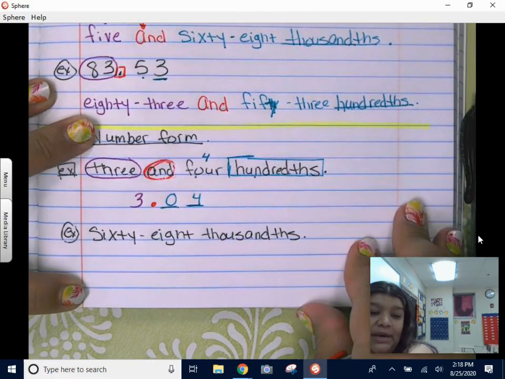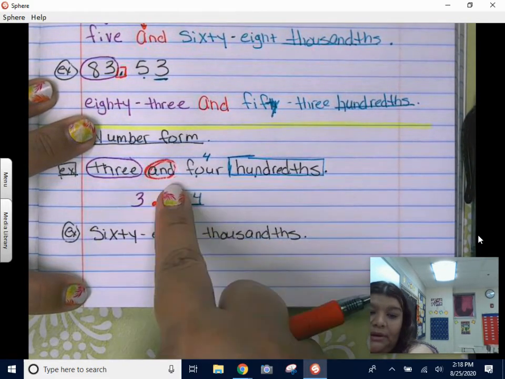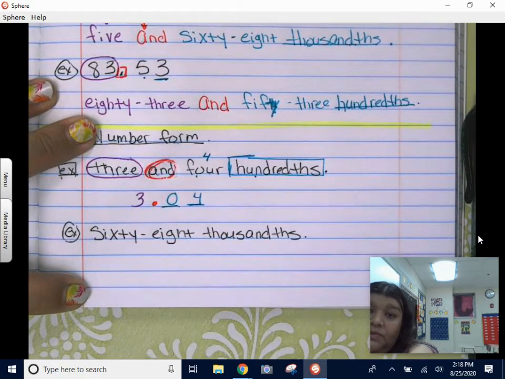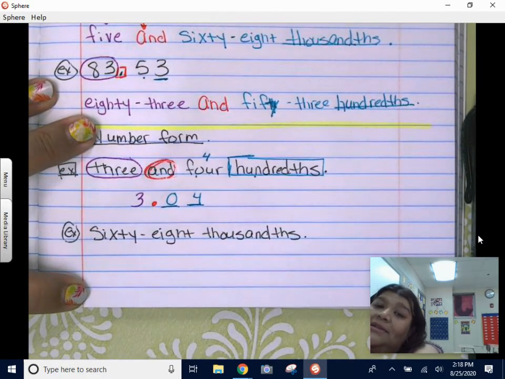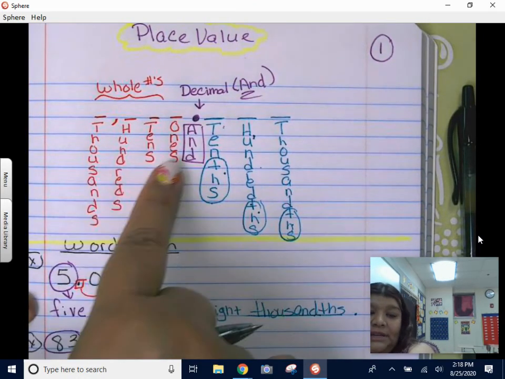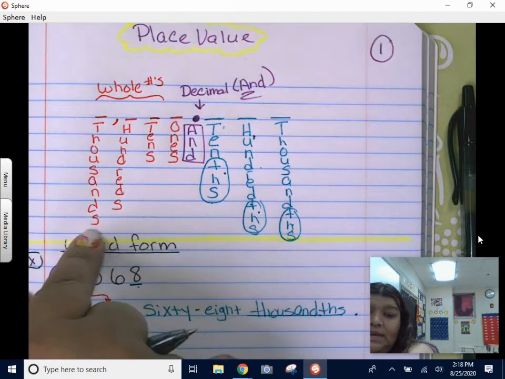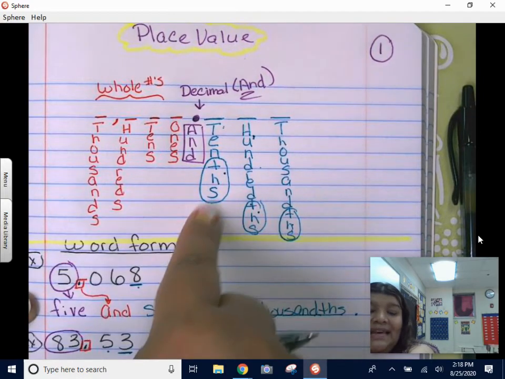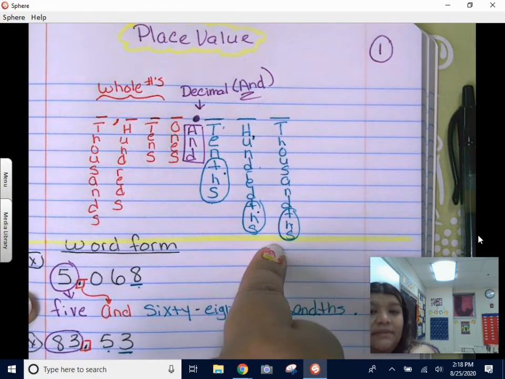Now, do I see the word and here like I did up here? No. Now, just because you don't see the word and does not mean automatically this is a whole number. Okay, you have to distinguish, is this a whole number or is this a decimal? Now, how do you distinguish that? Remember, look at all these place values. Ones, tens, hundreds, thousands. Look at these place values, tenths, hundredths, thousandths.